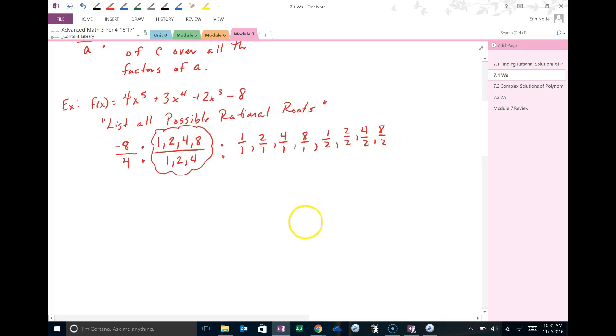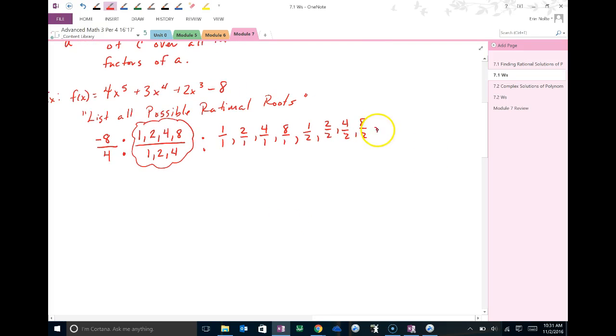Everybody see what I'm doing here? All of those combinations: 1 over 4, 2 over 4, 4 over 4, and 8 over 4. Connor immediately noticed that we do have some that repeat.